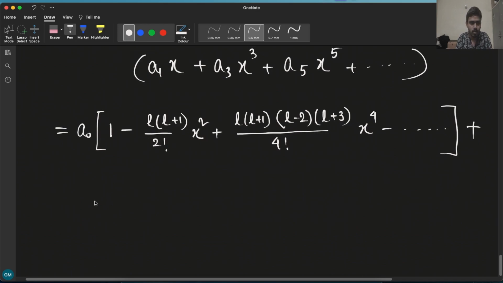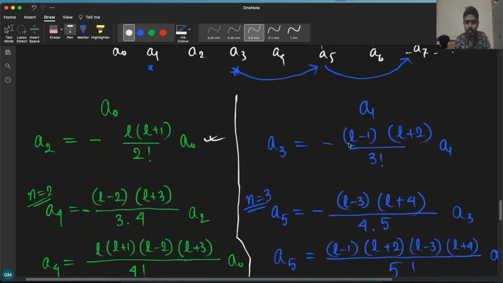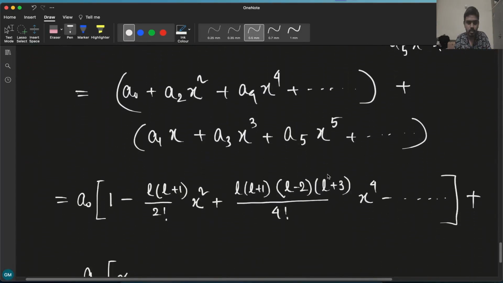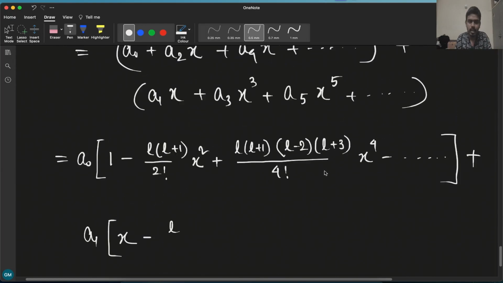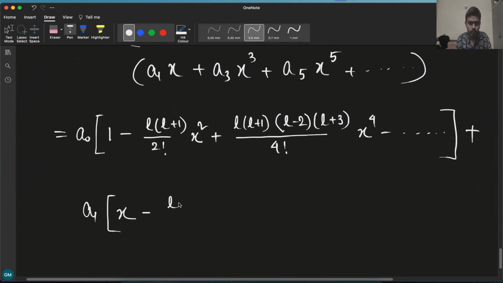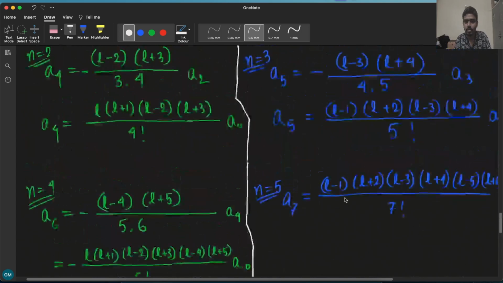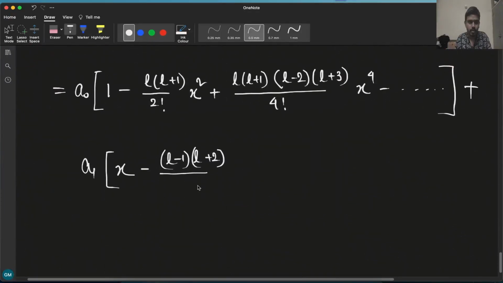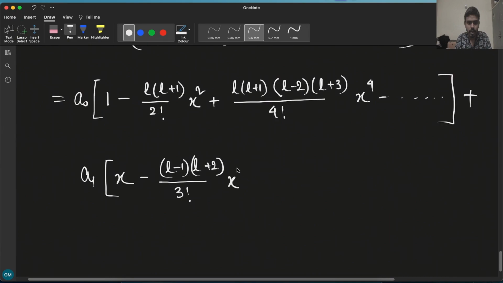Plus a1 I can put outside. So then it will be x, and for a3 there is a minus sign here, so minus L minus 1, L plus 2, divided by 3 factorial x cube.